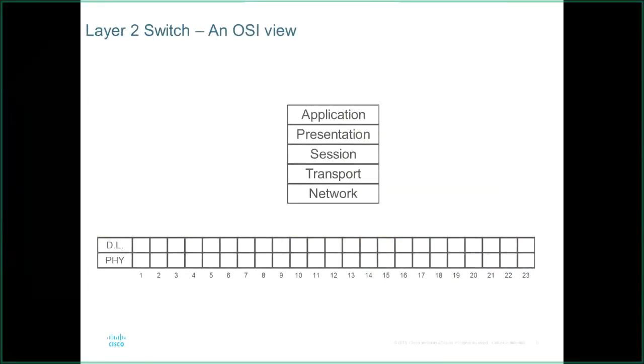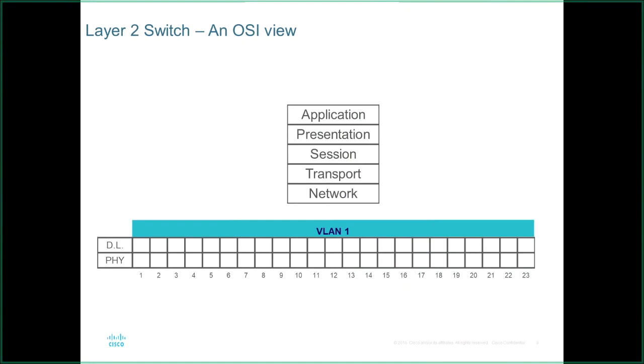So how does this work for VLANs and switched virtual interfaces? Now, as we said earlier, we operate at layer 2 and only have the switched virtual interfaces for remote access. So everything comes out of the box as VLAN 1. Then we assign individual switch ports to their VLANs.